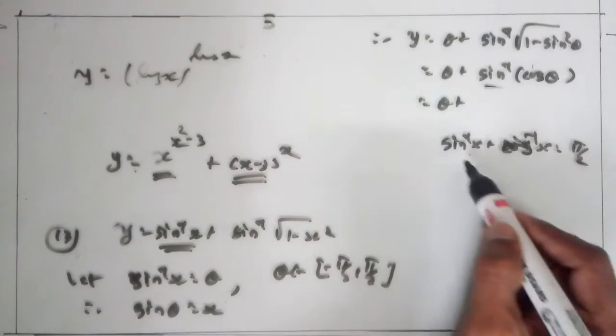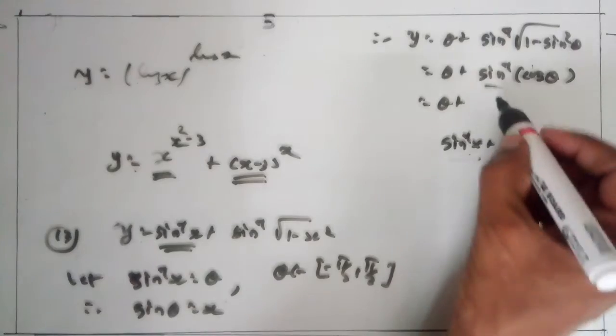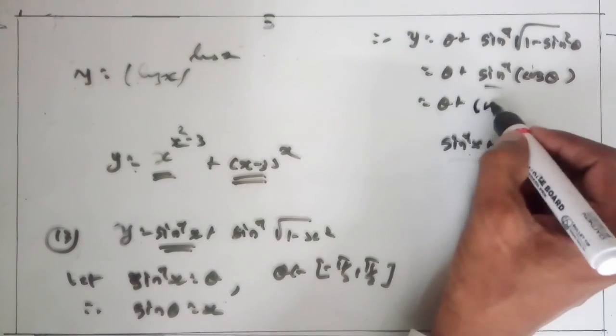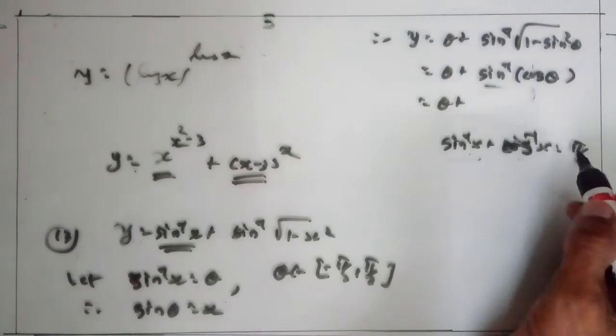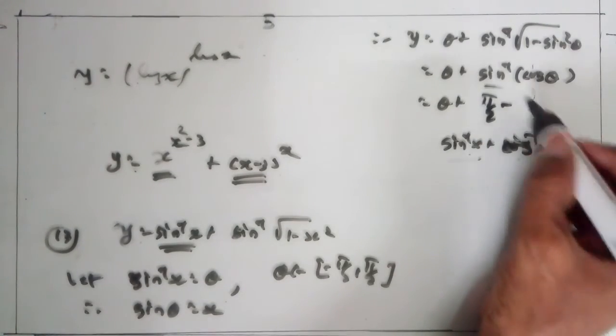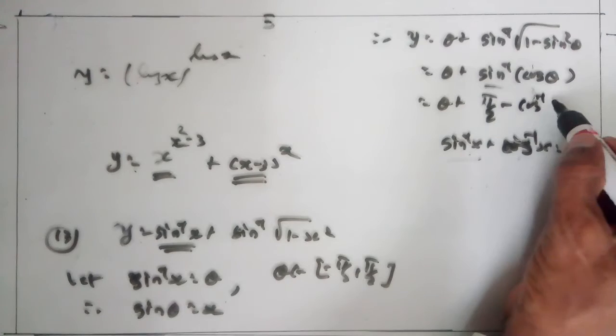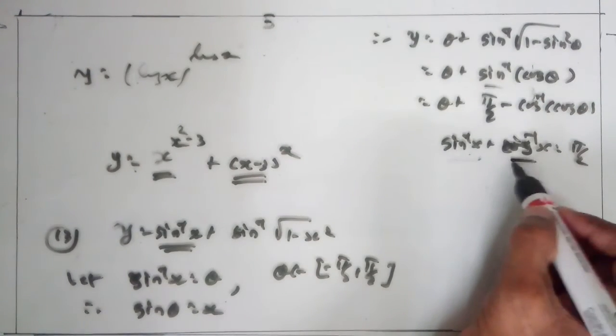So sin inverse x is equal to, taking this to the other side, pi by 2 minus cos inverse x. So sin inverse cos theta becomes pi by 2 minus cos inverse cos theta. Clear?